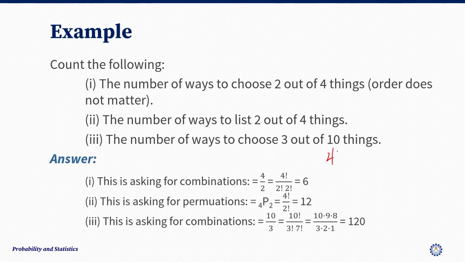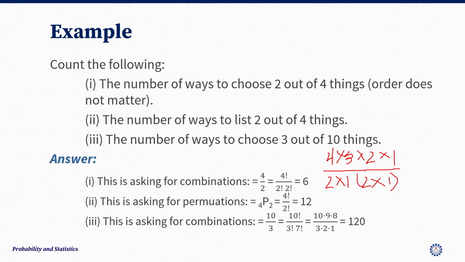So let's say, for instance, we have 4 times 3 times 2 times 1, divided by 2 times 1 multiplied by 2 times 1.